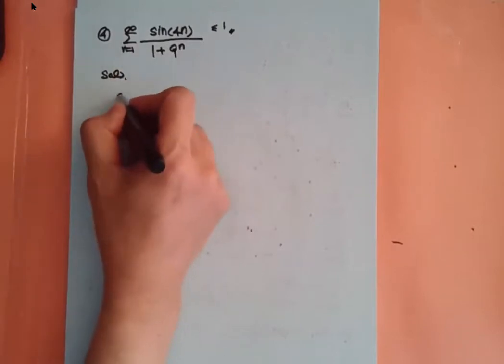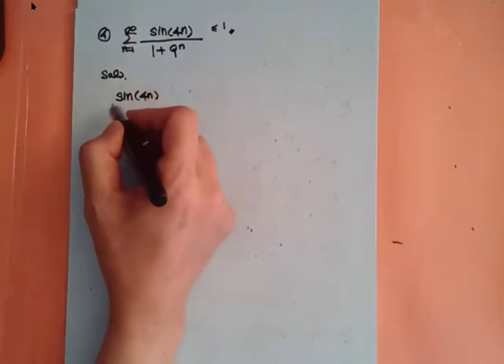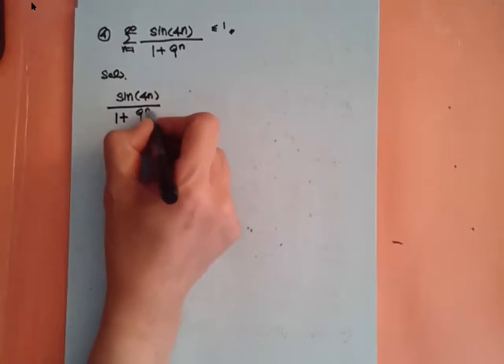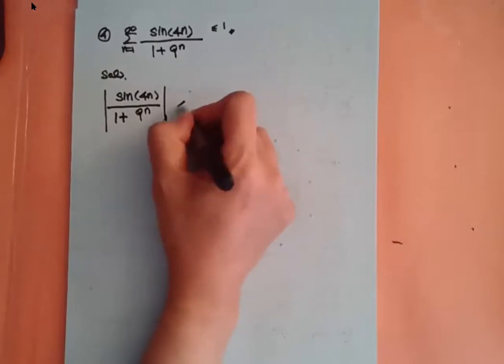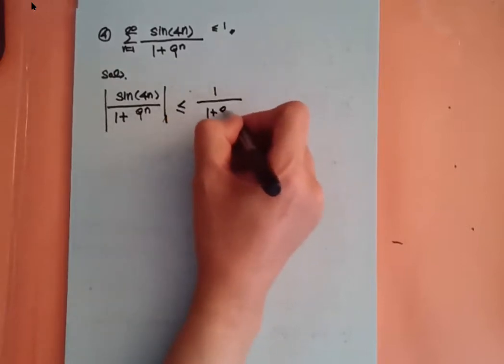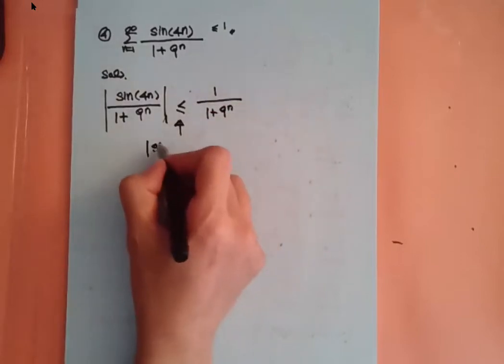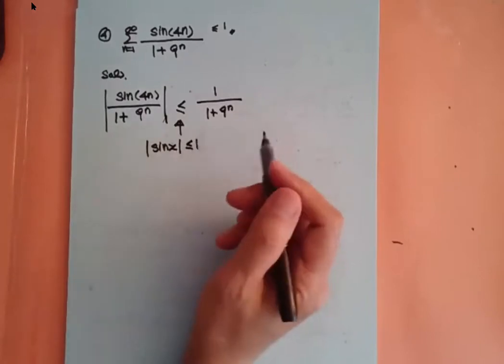Let's do our reasoning in such a way. Taking the absolute value of sine of 4n over 1 plus 9 to the n power, that is less than or equal to 1 over 1 plus 9 to the n power. Here, the absolute value of sine of x is less than or equal to 1.